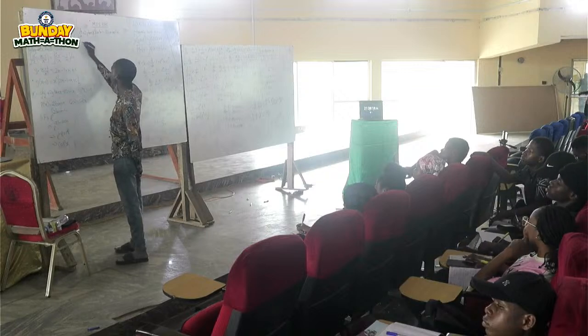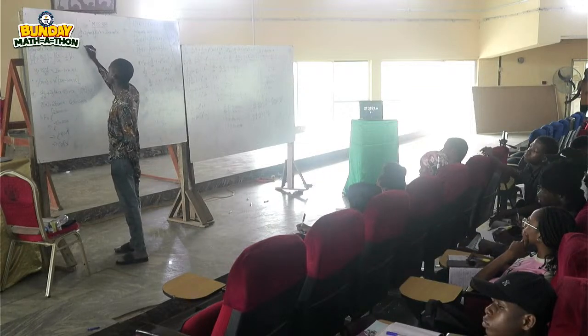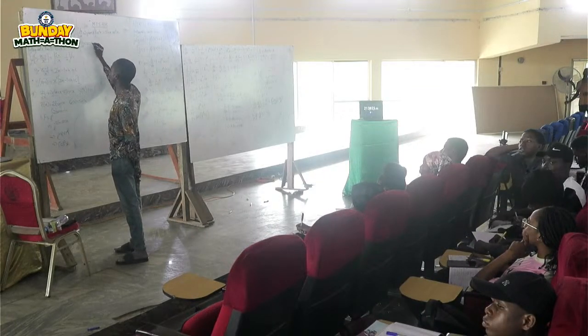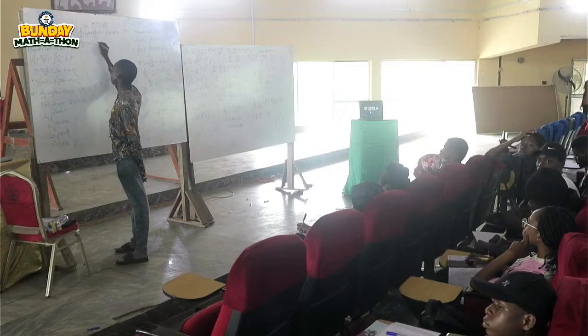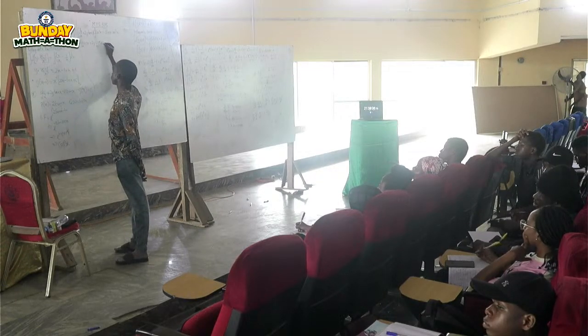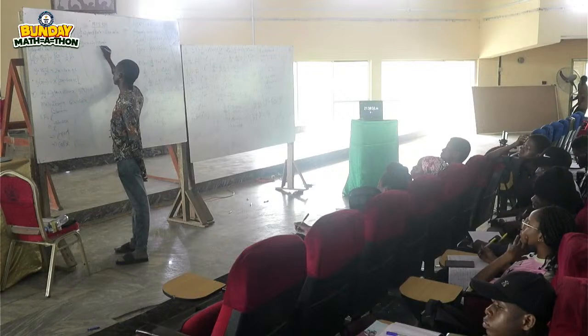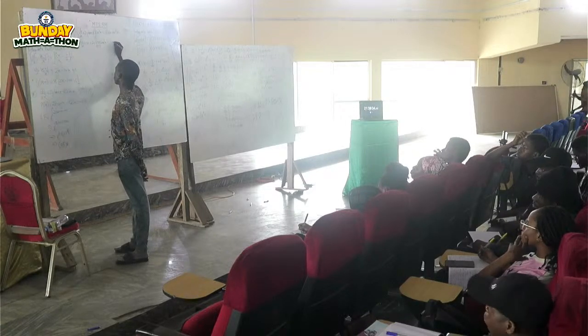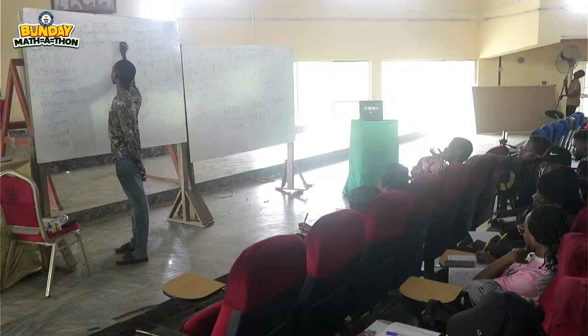And from here you have what? dy dx cos squared x plus 2y sin x over cos x multiplied by cos squared x equals what? Sin x cos squared x.